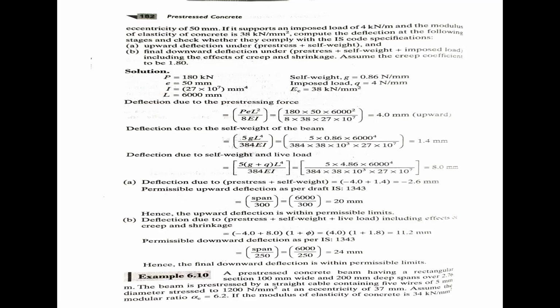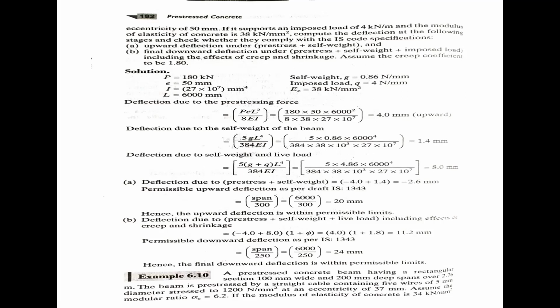Using these formulas, finally when this condition is satisfied, the deflection is safe and the structure will also be safe. In this procedure, creep and shrinkage you have to take as span by 250, otherwise span by 300, as per the Indian standard.